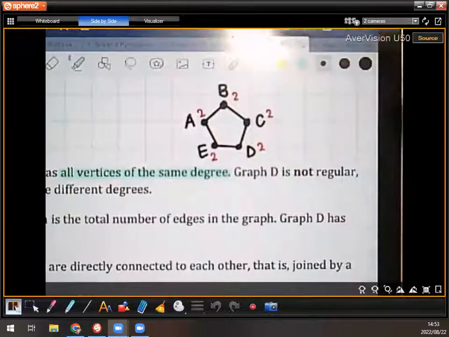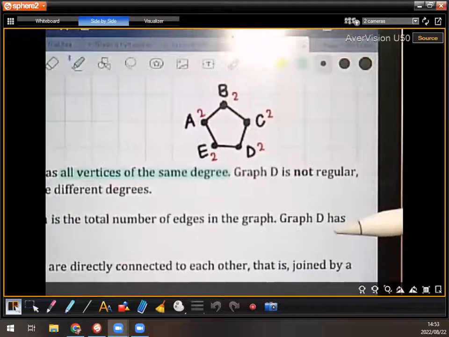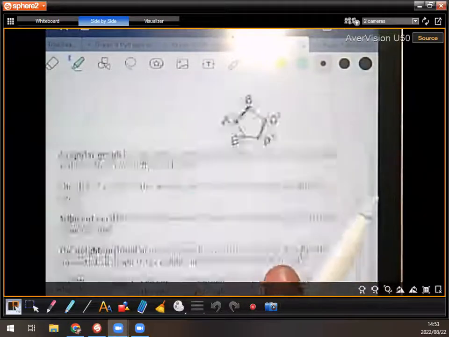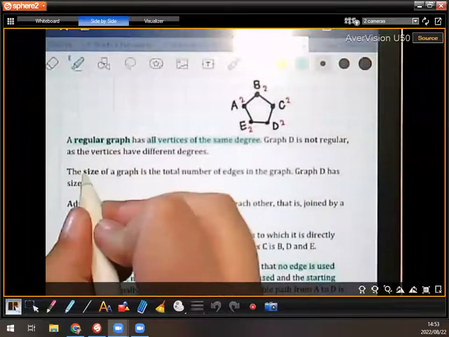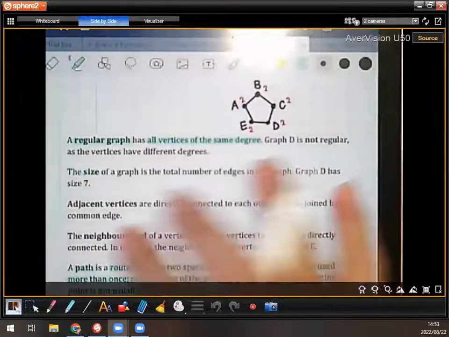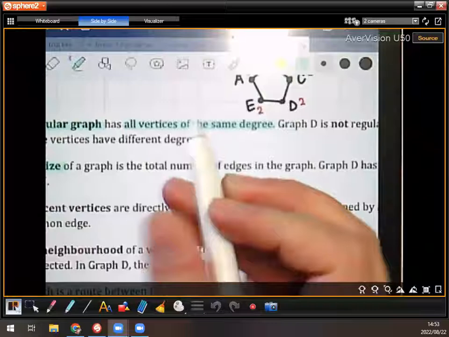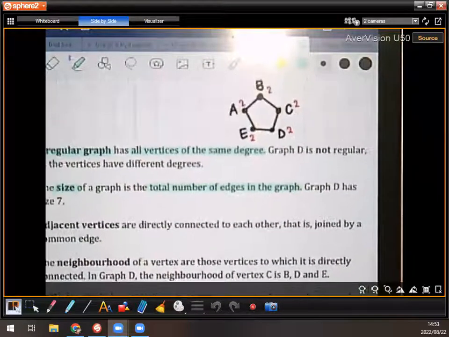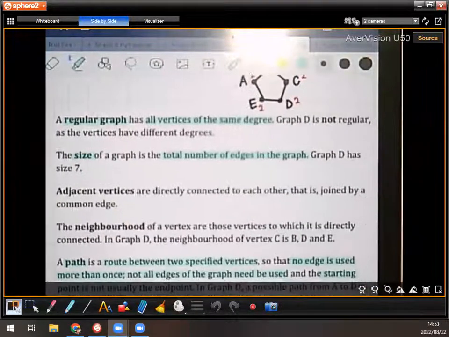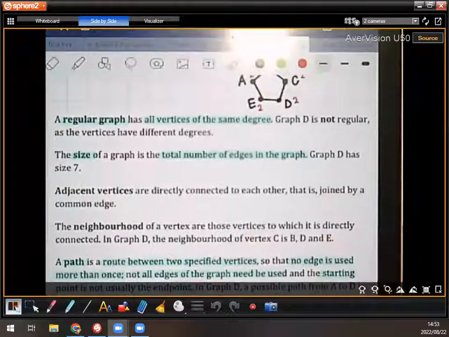Okay, last one. Are we fine, guys? Regular graph. Okay, the size of the graph. Yes, Jonathan. Can a graph be not connected, right? What do you think? A graph is not connected. Then why are you asking?